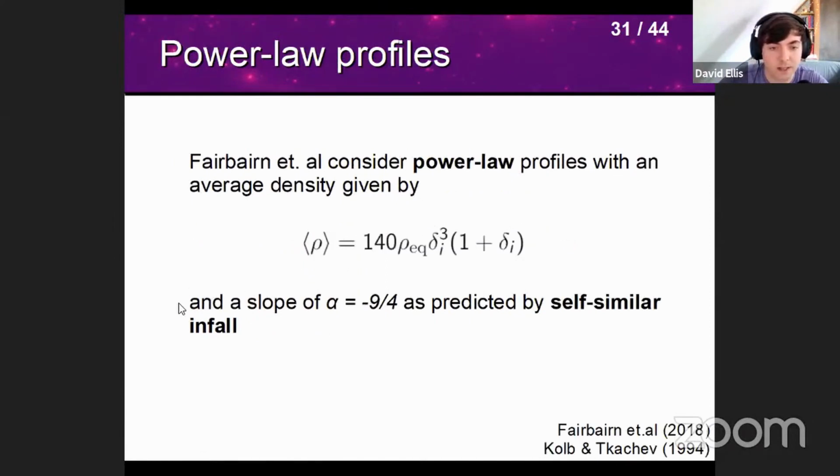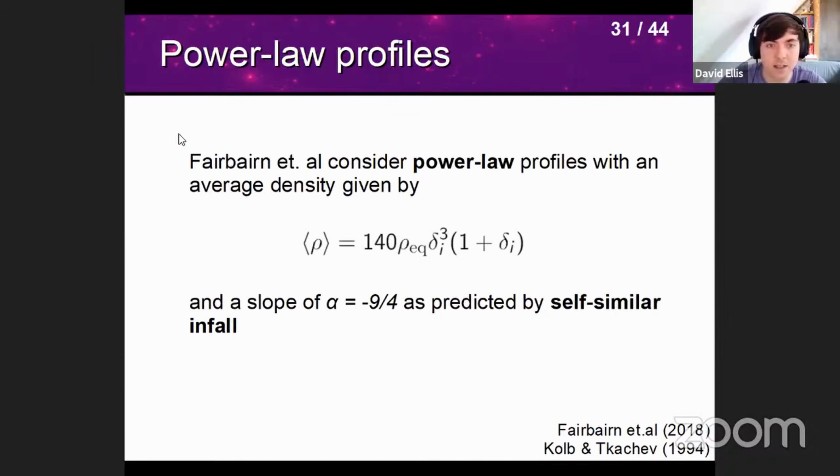One particular example that has been suggested in the literature is that if an object forms completely in isolation via self-similar infall, it will instead form a profile that goes like r to the minus 9/4. And this is what Malcolm Fairbairn, along with Dotty Marsh and others, considered previously.